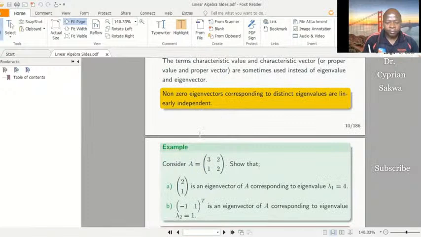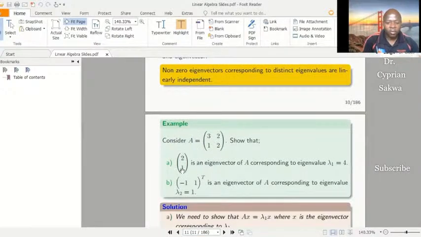The example says, consider this matrix A and show that this vector, 2, 1, is an eigenvector corresponding to the eigenvalue 4. So I want to show that this positive 4 is an eigenvalue and this is its eigenvector.